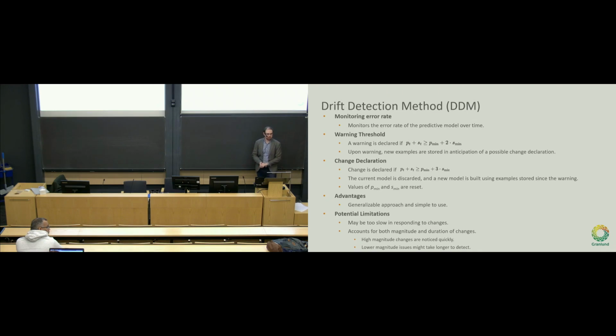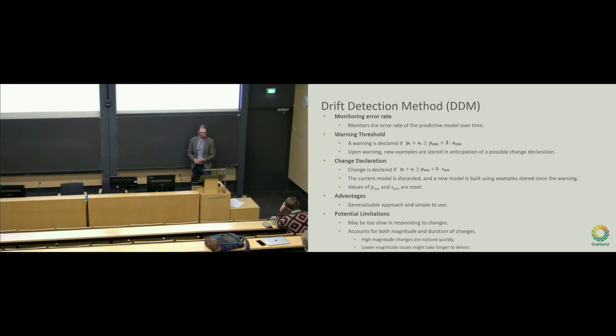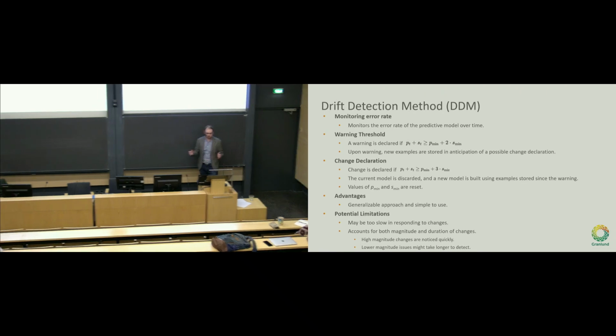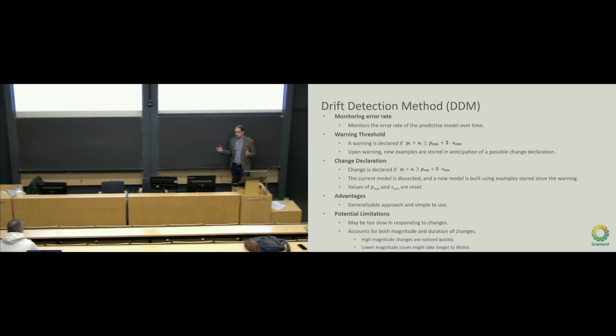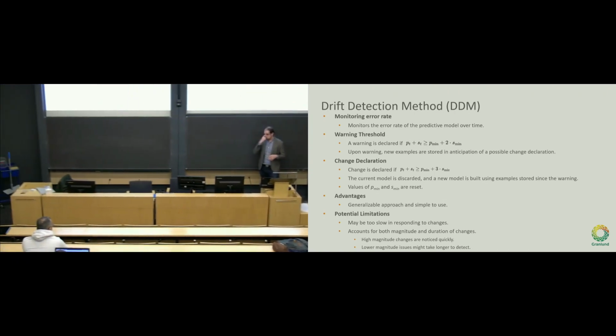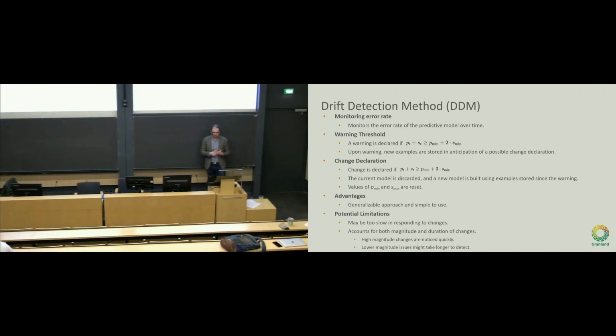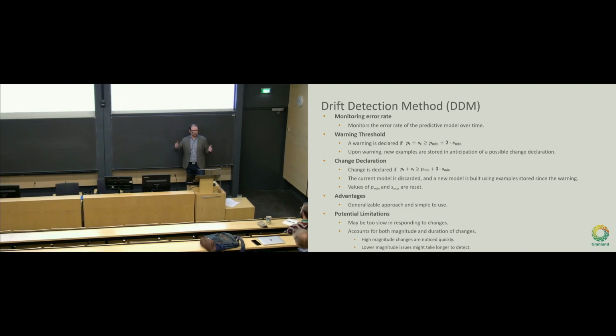Can you say what P is and what S is? S is standard deviation. I think P in this context is error. And how do you get P and S? I think from the training data set. I haven't applied this method, I was just studying it, but it takes the typical error that you would expect.